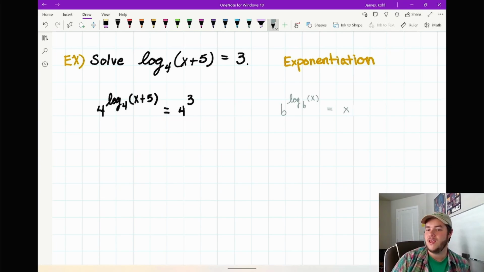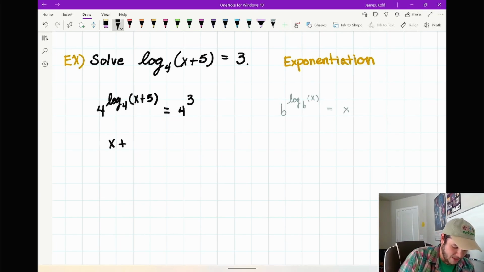Let's put this in a more particular context, though. Remember, log base 4 of x plus 5 is the power I need to give 4 to get back x plus 5. So here's what the left-hand side of my equation reads as: 4 to the power that makes it x plus 5 equals 4 to the third. If I have 4 raised to the power that makes it x plus 5, that just gives me back x plus 5 on the left-hand side.